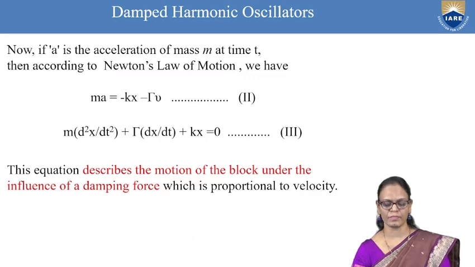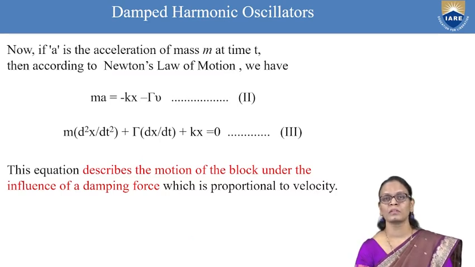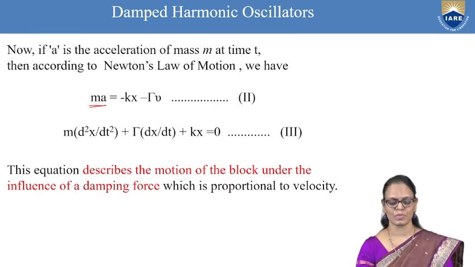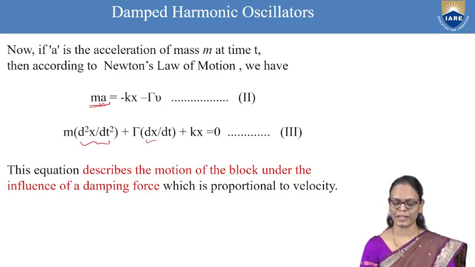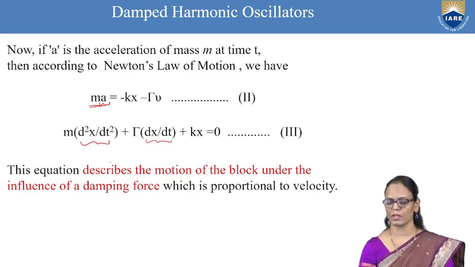Then derive the expression by equating it with Newton's law. According to Newton's law, F is equal to ma. So ma is equal to minus kx minus gamma v. Substitute for a, d square x by dt square, and for v, dx by dt, and bring all the terms onto one side. So this describes the motion of the block.